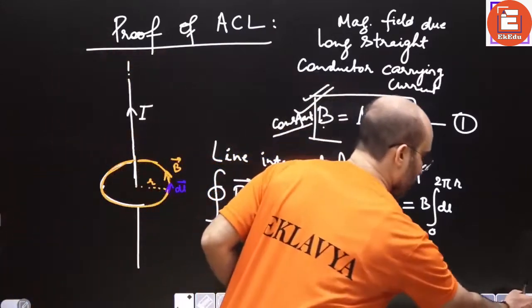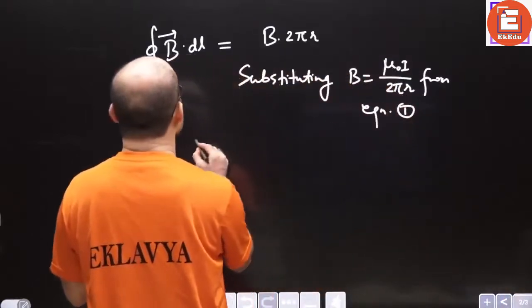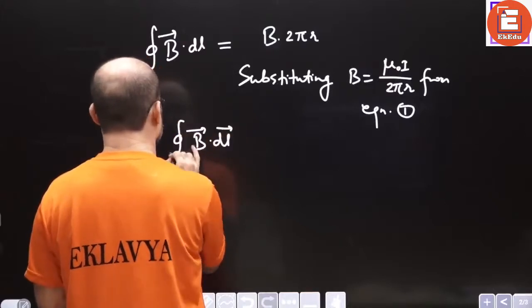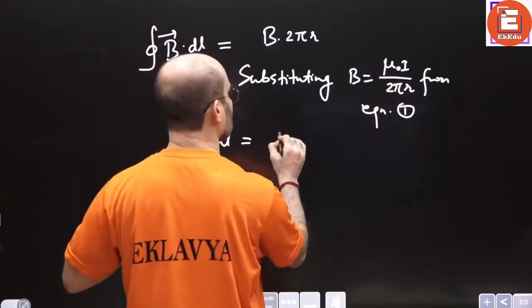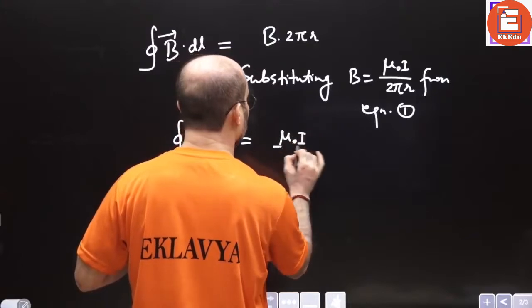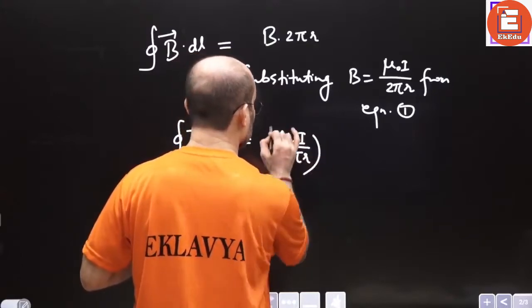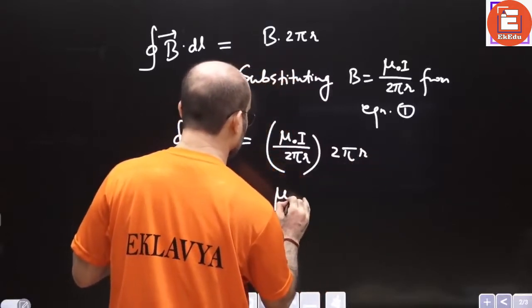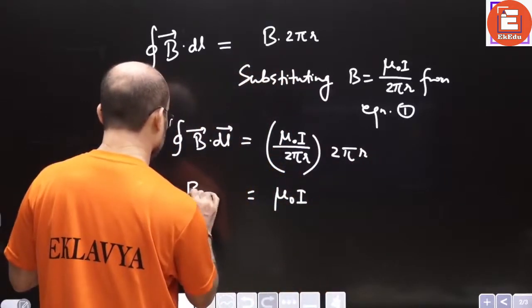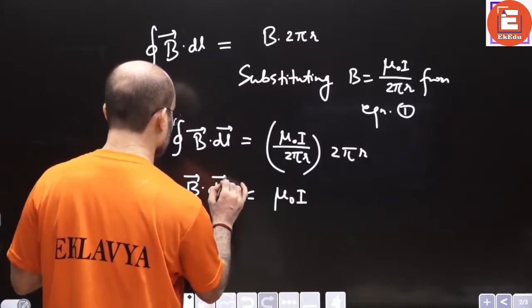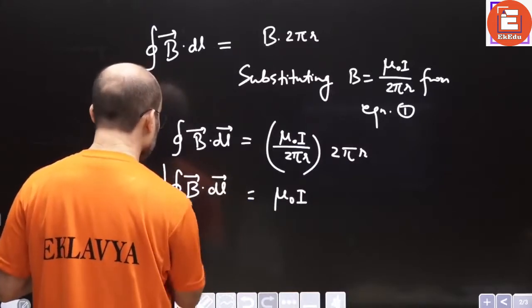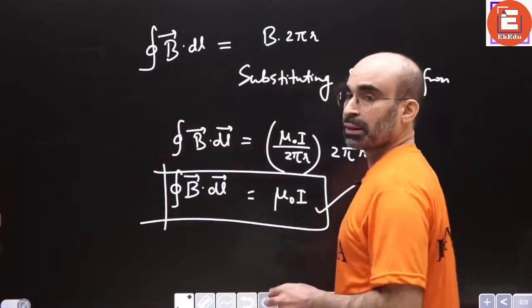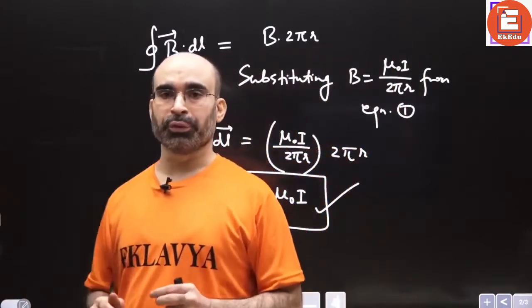So B dot dl for this equals, for B we will put mu naught I by 2 pi r, into 2 pi r, and the final result we are getting is this. So B dot dl for the closed loop, this is your ACL, right? This is the proof of ACL.